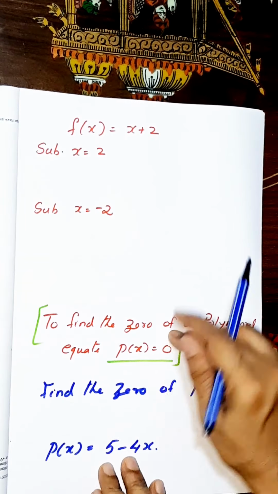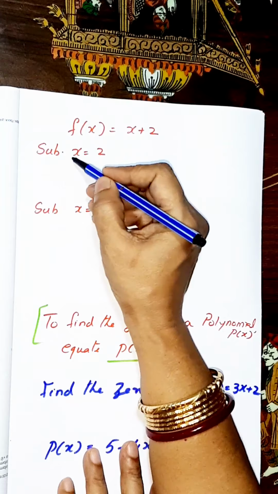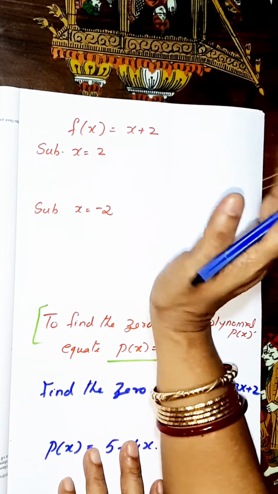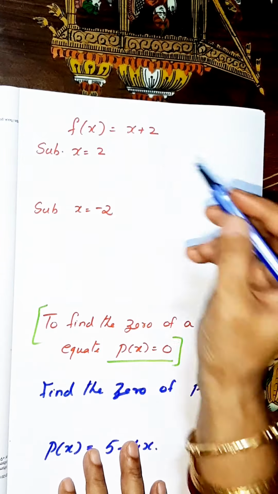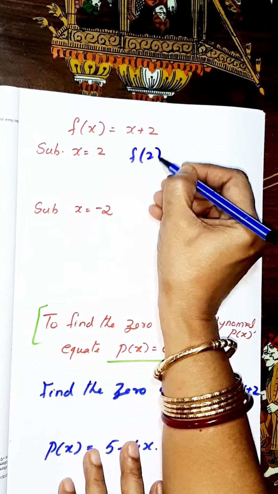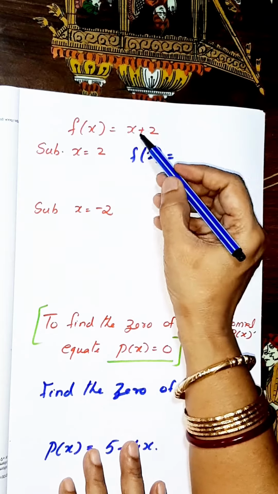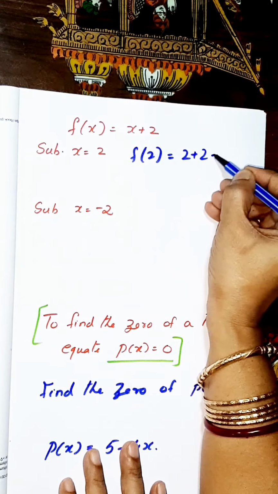So, here f(x) is equal to x plus 2. We have to check whether 2 and minus 2 are zeros. So, f(2) is equal to 2 plus 2, equal to 4.